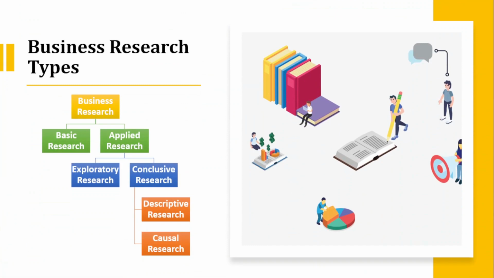Business research has different types. For example, business research is divided into basic research and applied research. Then basic and applied research is further divided into exploratory research and conclusive research. Conclusive research is divided into descriptive research and causal research.